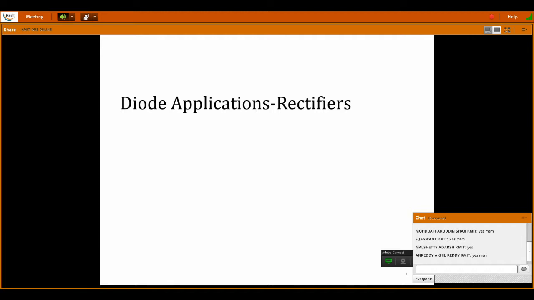Why does it act as an on switch? Because the current flowing through the diode is high, in the order of milliamps. So the maximum current flows through the diode when it is connected in forward bias, and we can say that it can be operated as an on switch.